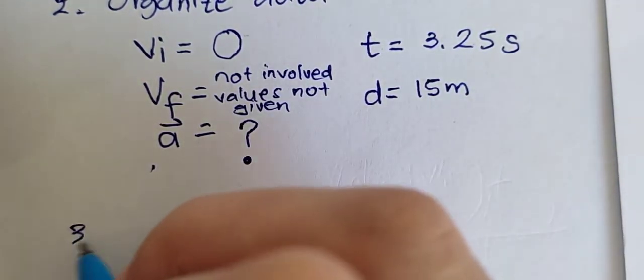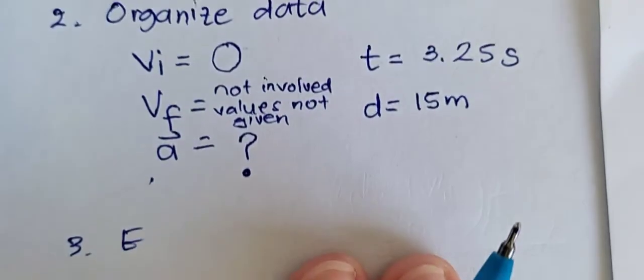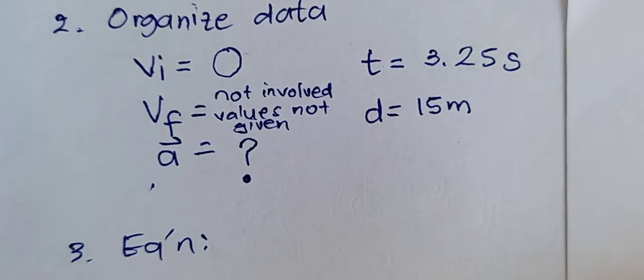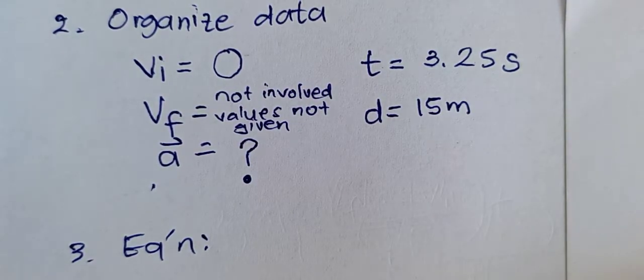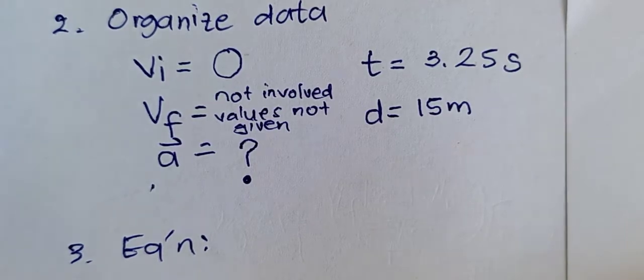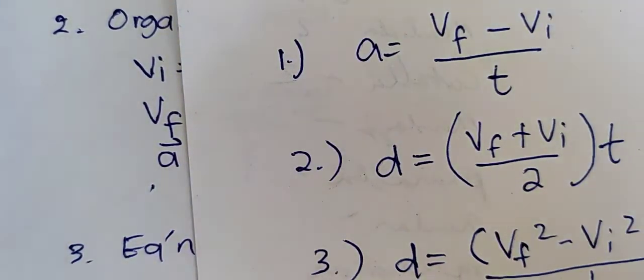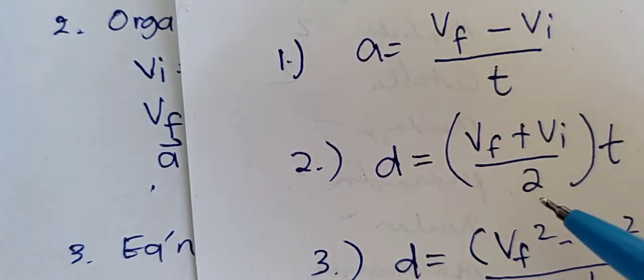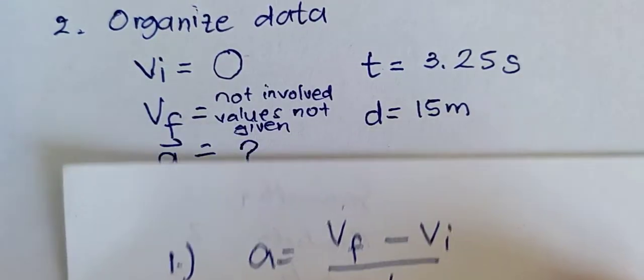So dito lagyan natin yung step number 3, equation. Paano natin malalaman? Titignan nyo lang kung alin dito yung pinaka pwedeng gamitin by means of kung ang value ay involved sa kinematic equation. For example, equation number 1.